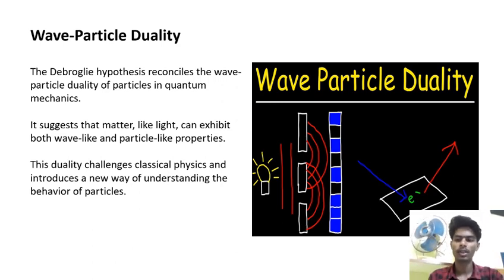This duality challenges classical physics and introduces a new way of understanding the behavior of particles, how they behave in their surroundings, in wave form and particle form. By this wave-particle duality we will understand this.